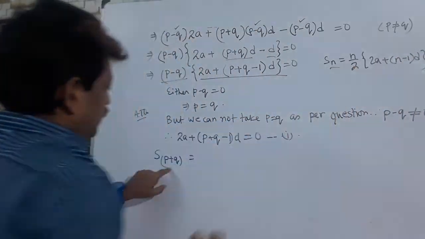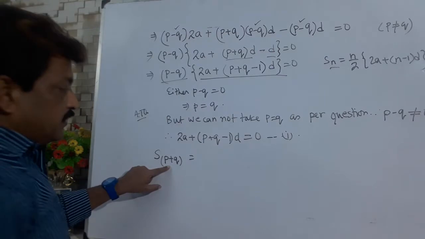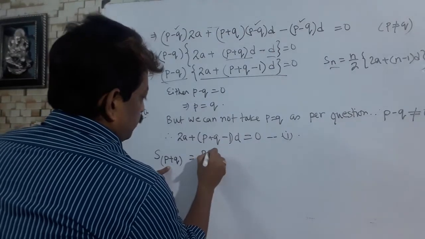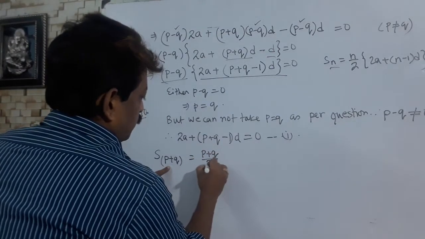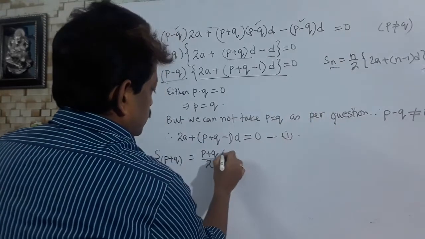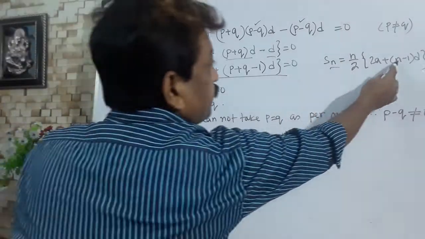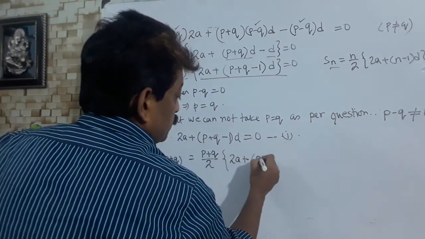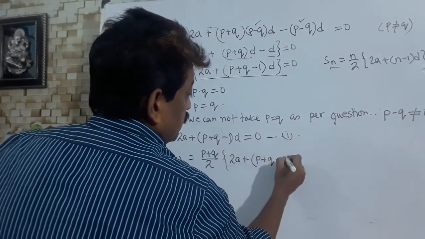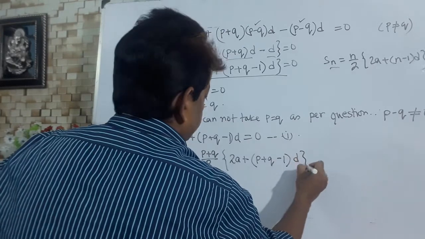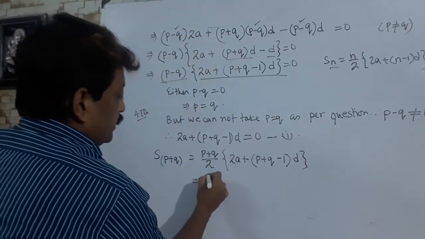So in place of n, it is p plus q. So here it will be p plus q by 2. Then inside the bracket 2a plus, again in place of n it is p plus q. So p plus q minus 1 multiplied with d.